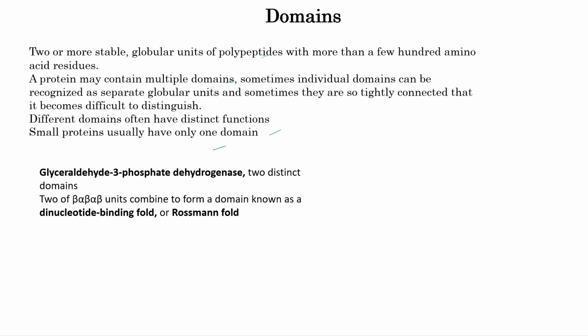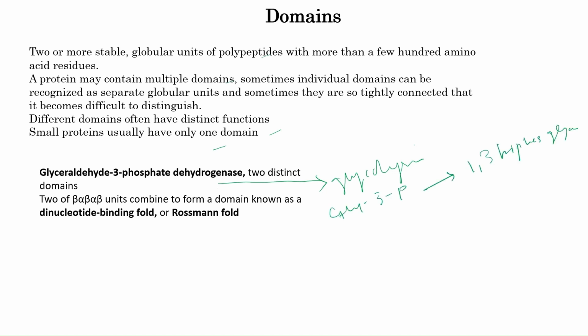Now an example is glyceraldehyde 3-phosphate dehydrogenase. Can you tell me where this enzyme is used? This is an important enzyme of glycolysis. What does it do? It oxidizes and phosphorylates glyceraldehyde 3-phosphate into 1,3-bisphosphoglycerate.